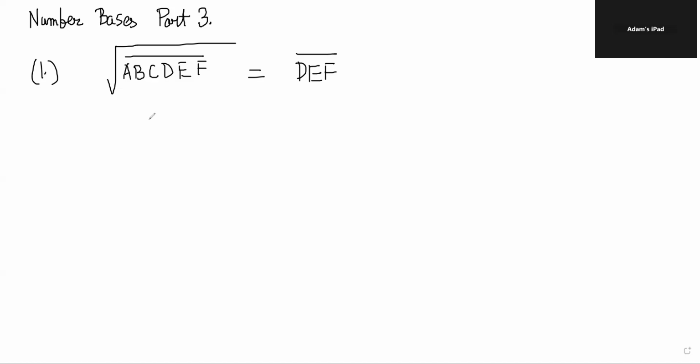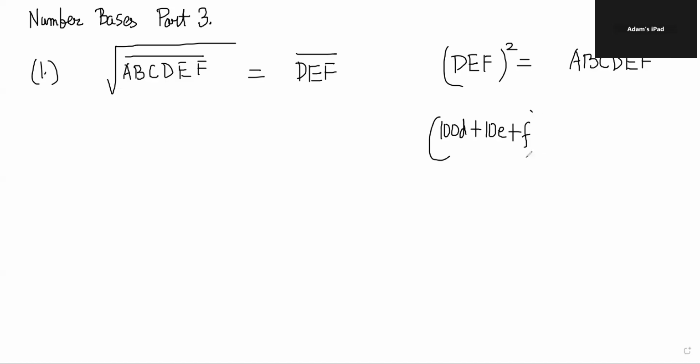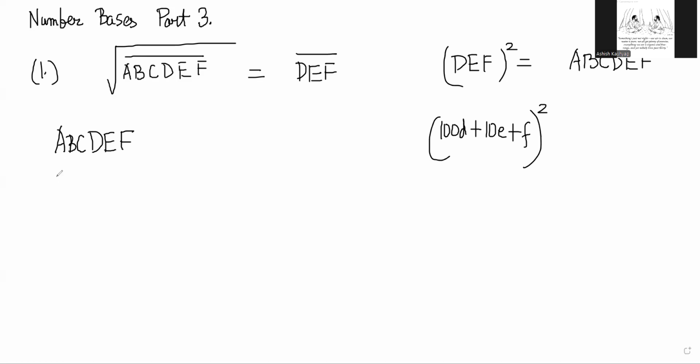You can say DEF squared is equal to ABCDEF. And then if you write DEF as 100D plus 10E plus F, you can figure out some digits. First of all, you should think of ABCDEF also in that pattern, right?